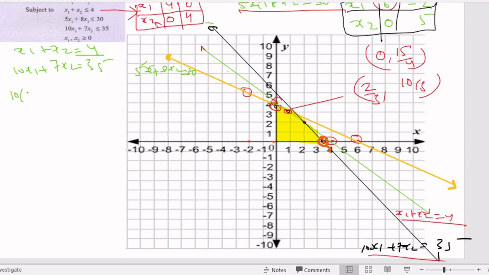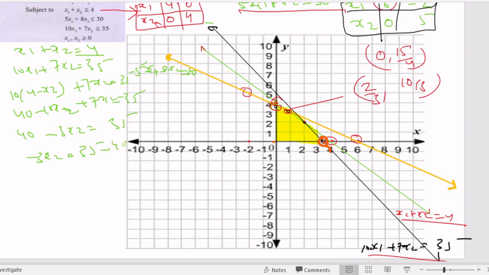Let's substitute in place of x1 in 10x1. I'll substitute 4 minus x2. 7x2 is equal to 35. So 40 minus 10x2 plus 7x2 is equal to 35. So it will become 40 minus 3x2 is equal to 35. And then later 3x2 is equal to 35 minus 40.